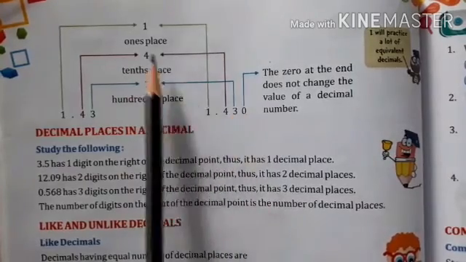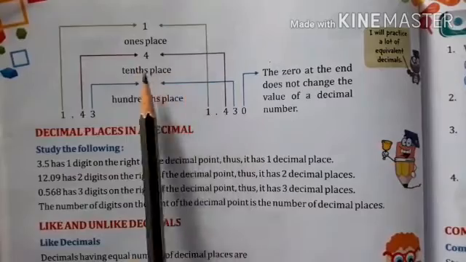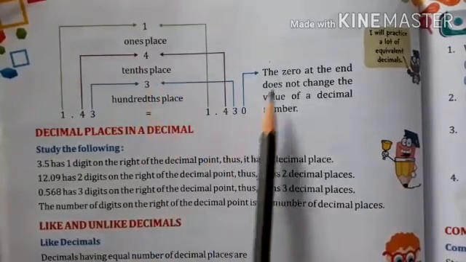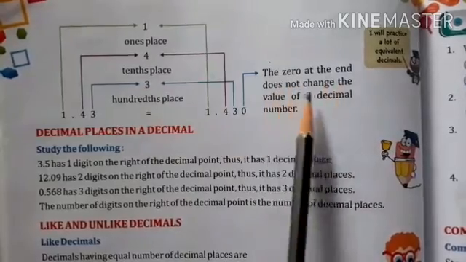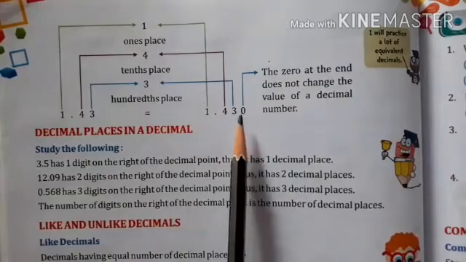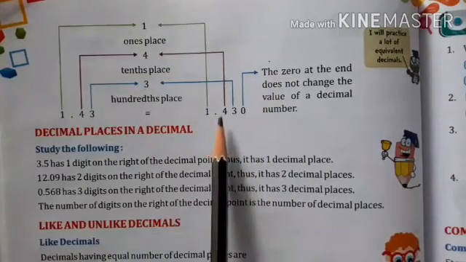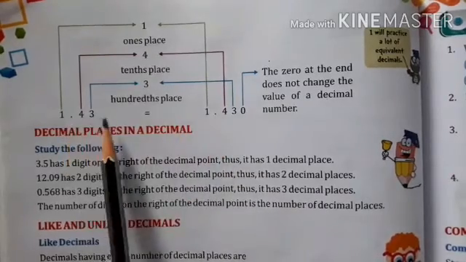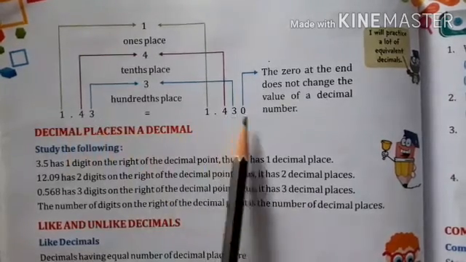Here 1 is in the ones place, 4 is in the tenths place, 3 is in the hundredths place and 0. The 0 at the end does not change the value of a decimal number. So if there is any 0 at the end, it will not change the value of a decimal number. Okay. That's why 1.43 equal to 1.430.